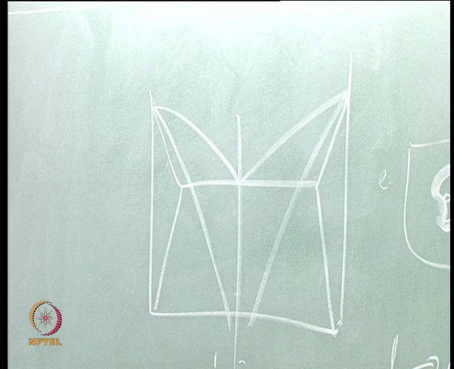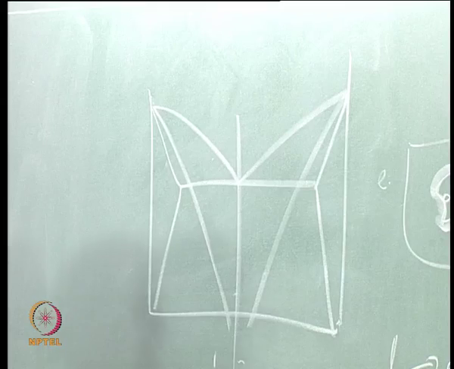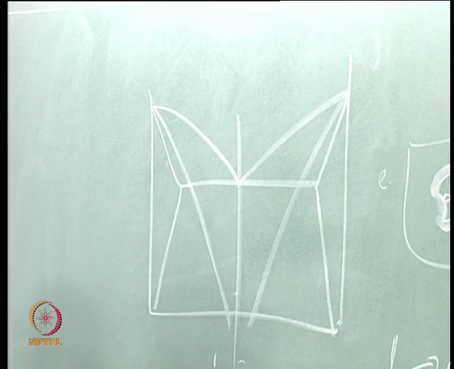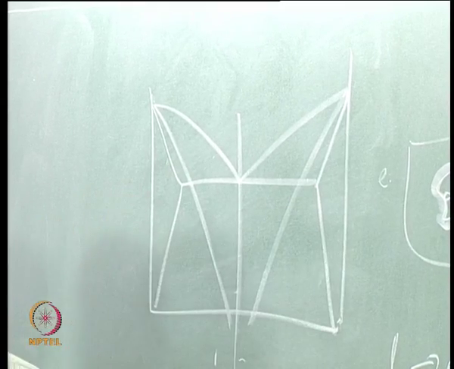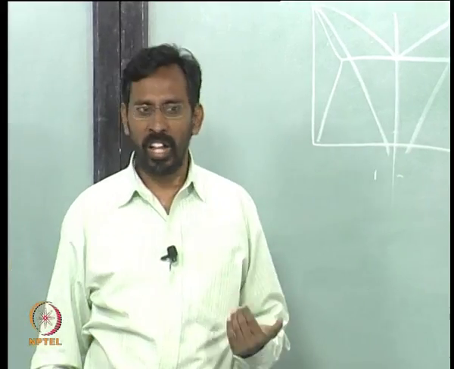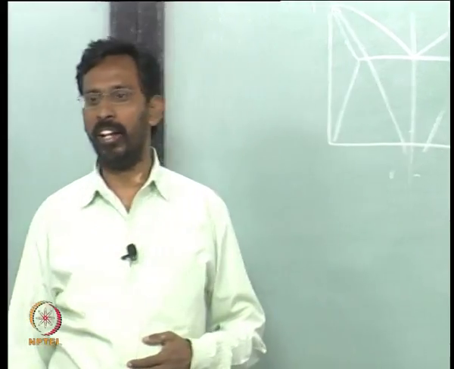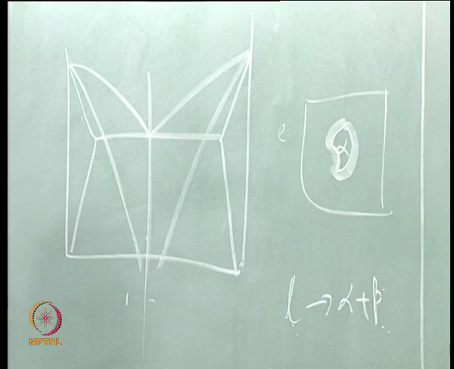I have undercooled it to a very low temperature, to an extent that as I keep on undercooling it, the T naught curves of the alpha and beta have slopes such that this composition is not intersecting any of them.